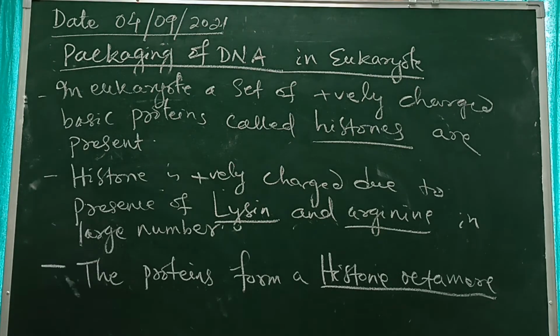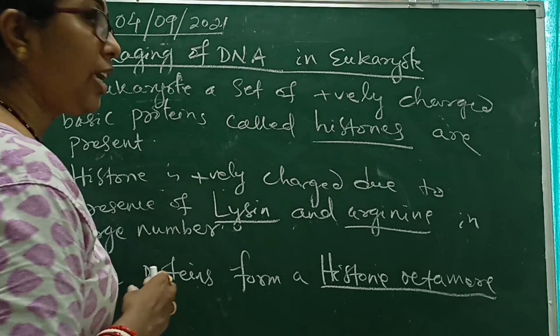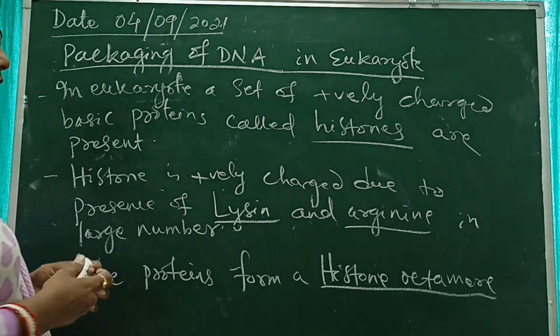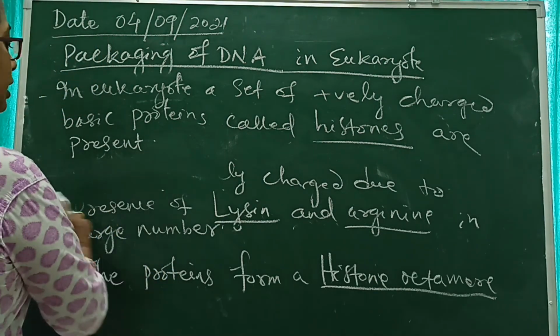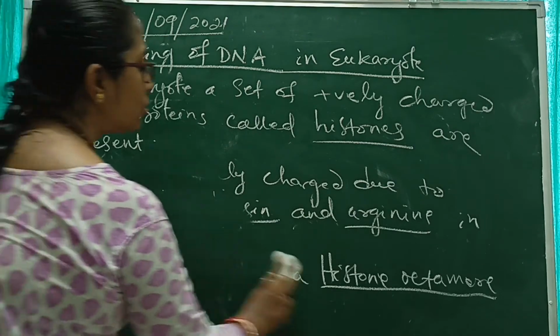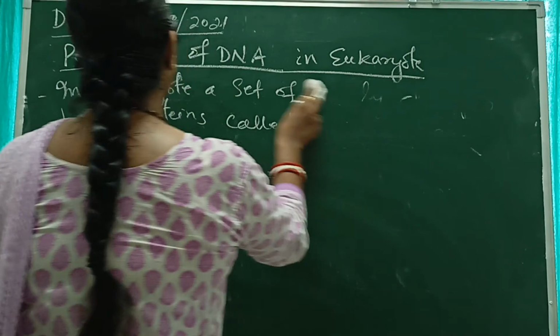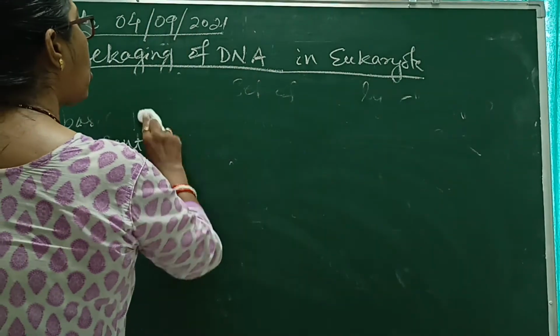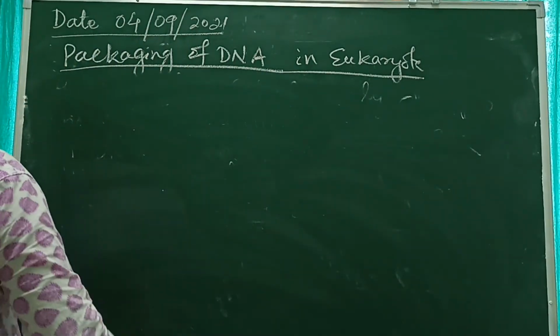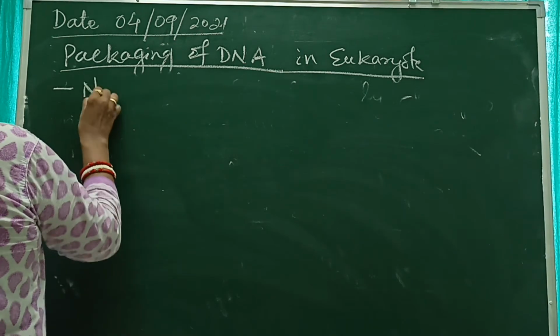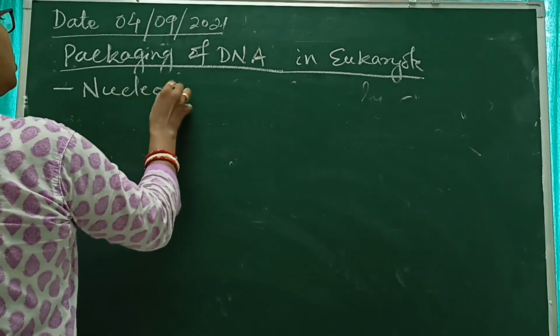Now there is a tight bonding between this positively charged protein and the negatively charged DNA. Okay, and they form a unit that is called nucleosome. So the packaging unit of DNA in eukaryote is called nucleosome.